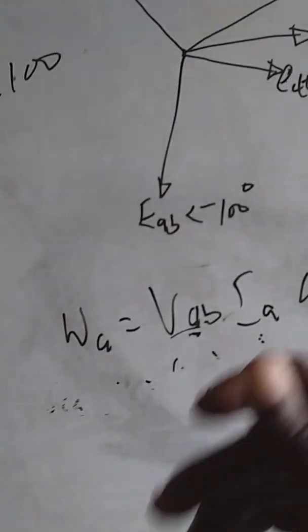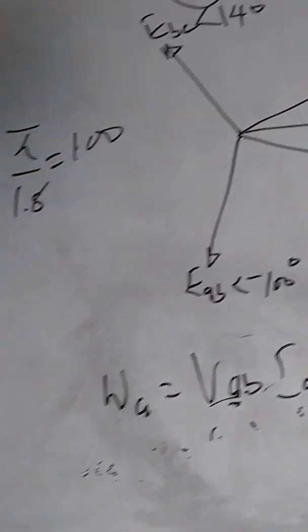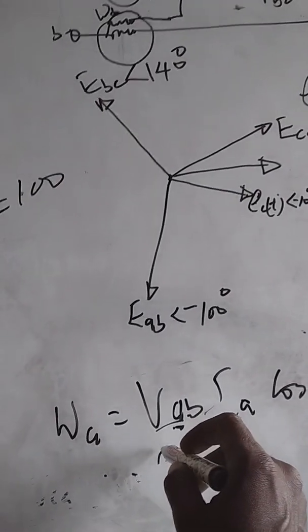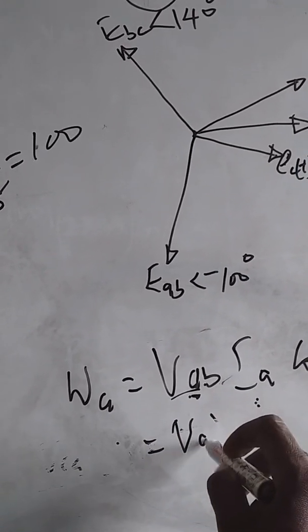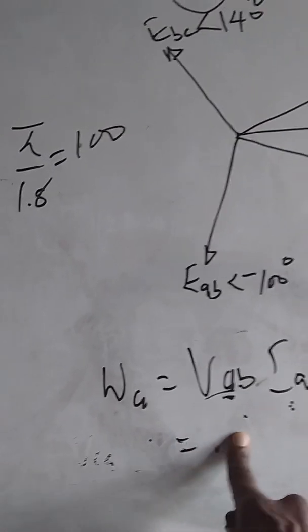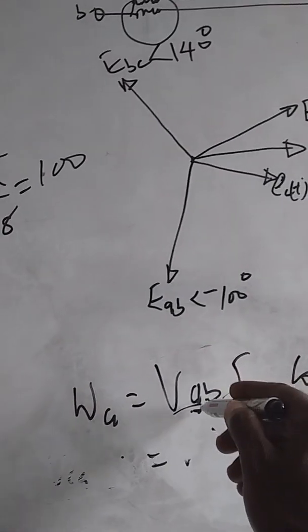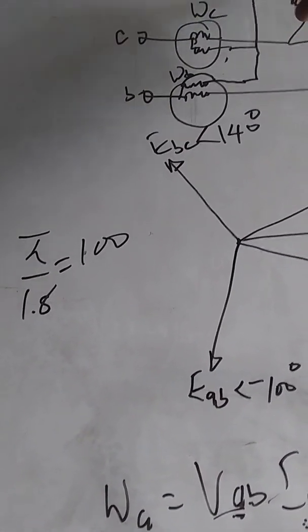But now, the reason I say this cannot work out in that fashion is, let's say you want to find VAB as it is here, you have to divide by √3. That means whatever you have, you convert it to phase, which eventually still comes back to the phase voltage, because it is connected in star connect form.